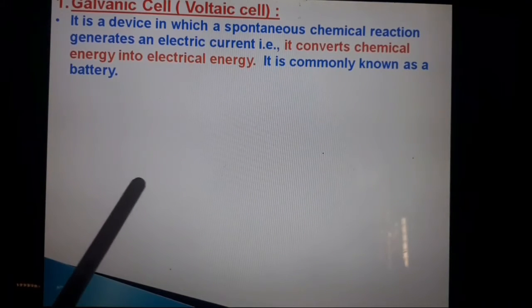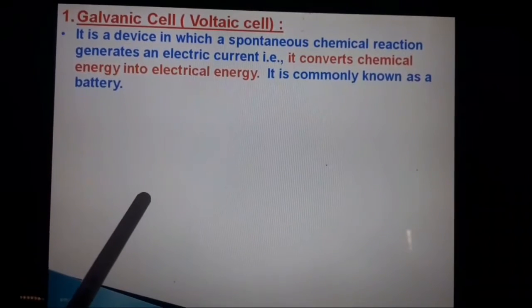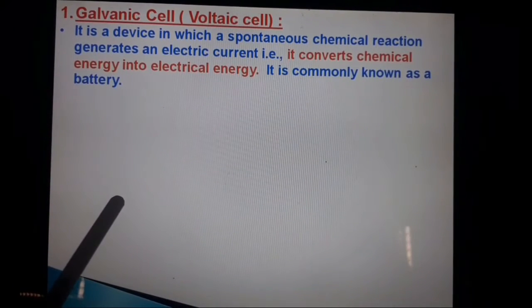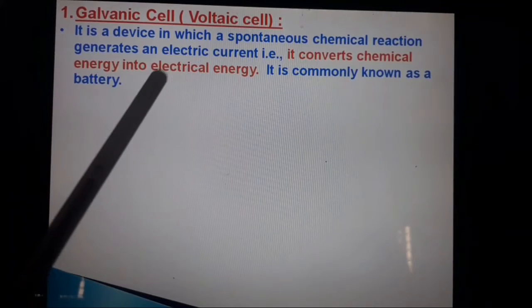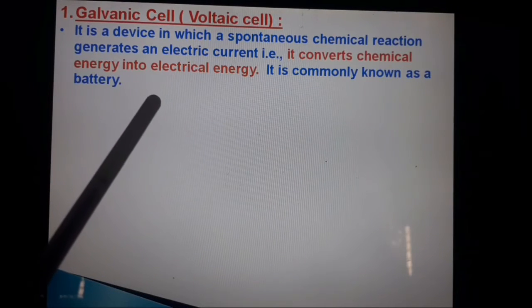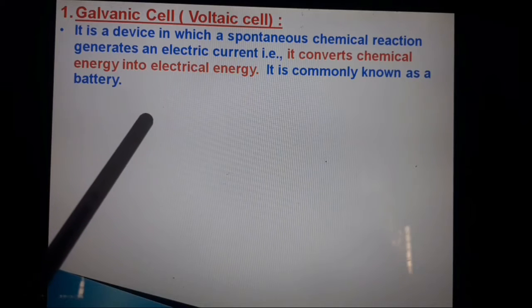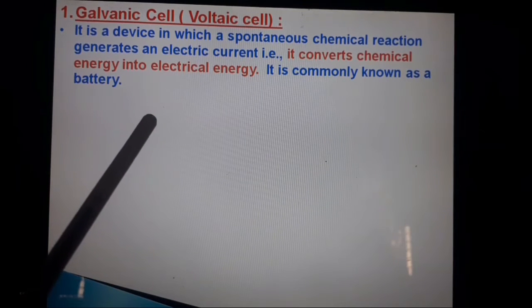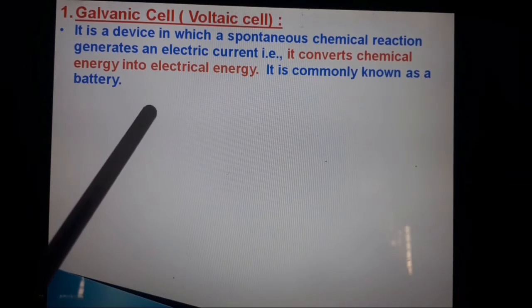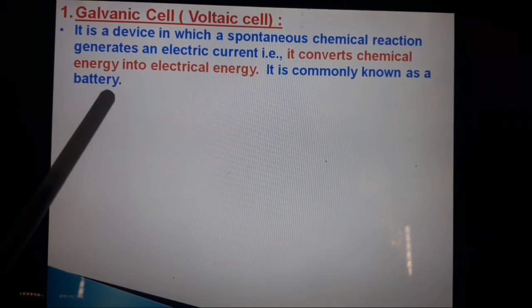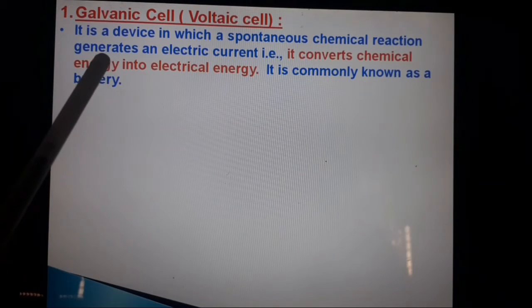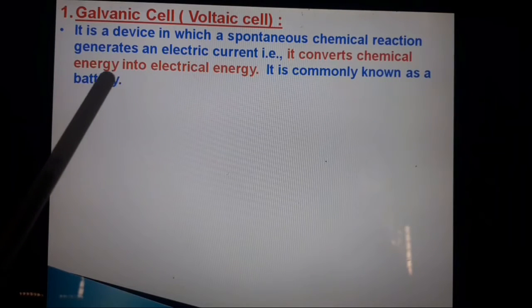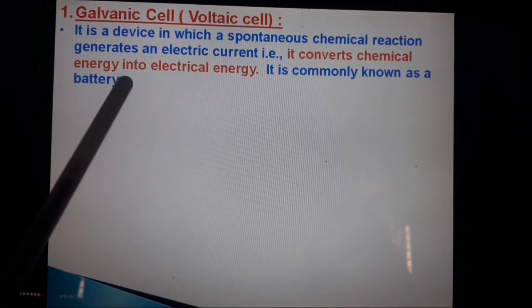Now, the galvanic cell. Another name for the galvanic cell is the voltaic cell. In this device, a spontaneous chemical reaction generates an electric current. It converts chemical energy into electrical energy. It is commonly known as a battery. You know very well, we have used so many types of battery in our life.